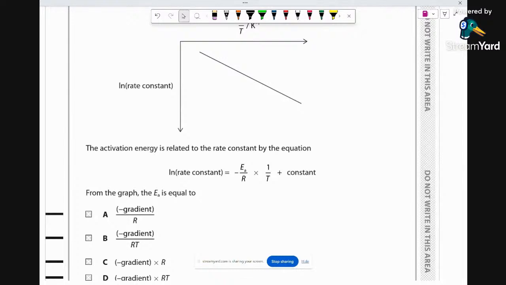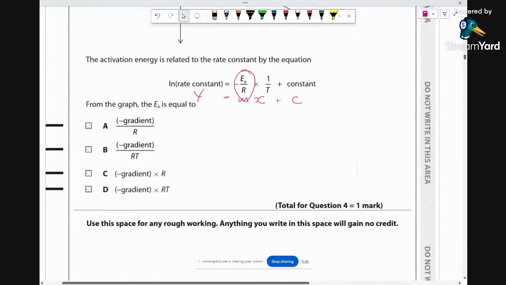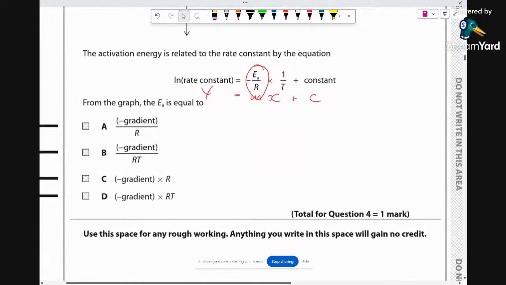So we've got ln rate equals minus EA over R times 1 over T, and plus the constant. This is y = mx + c. So the m is there. That's always the gradient.